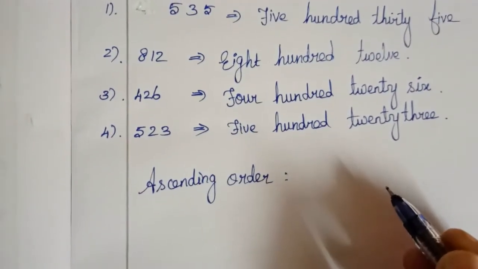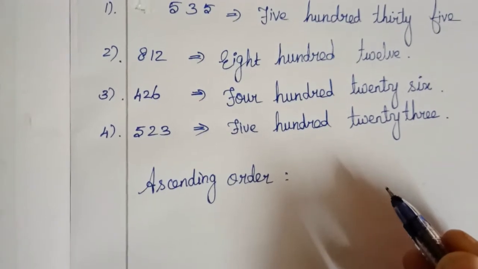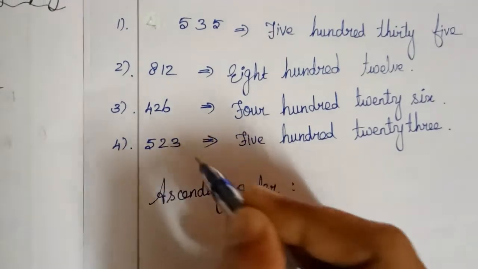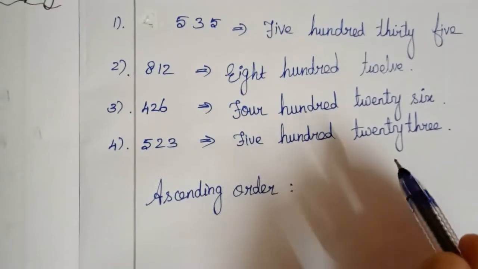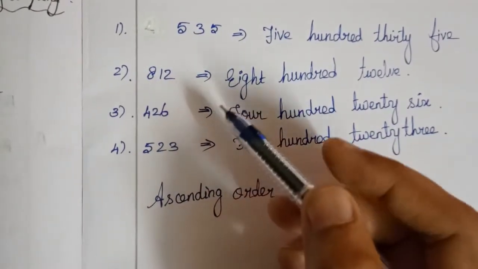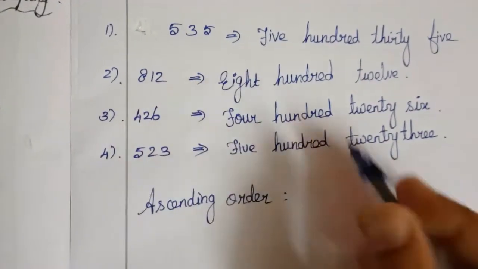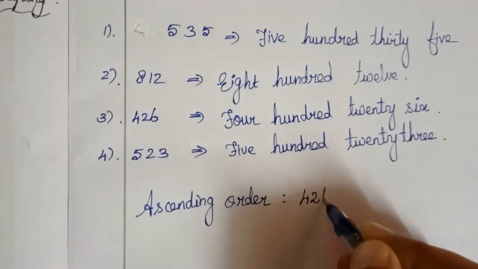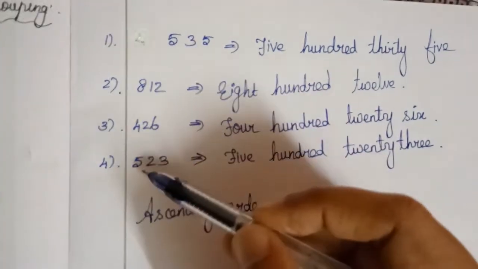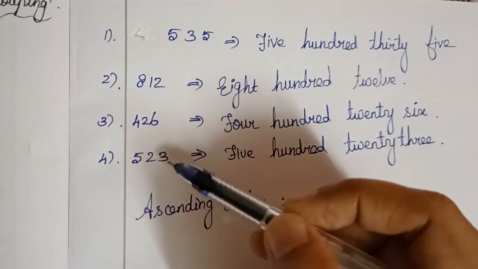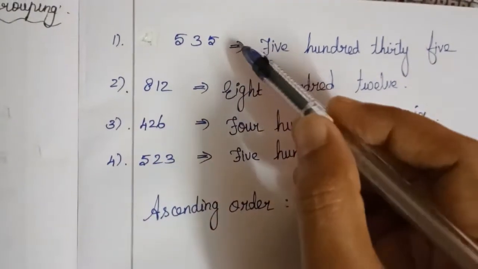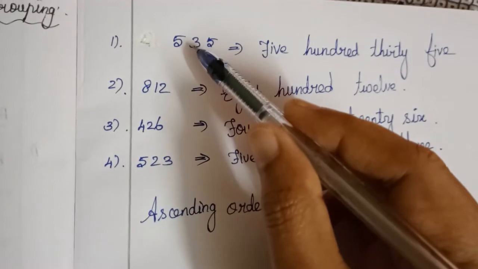So, what is ascending order? Yes, you have to arrange the numbers from small number to big number. Among these four numbers, which one is the smallest number? Yes, 426. The next small number is 523, because the tens place value for this number is 2 and tens place value for the other number is 3.